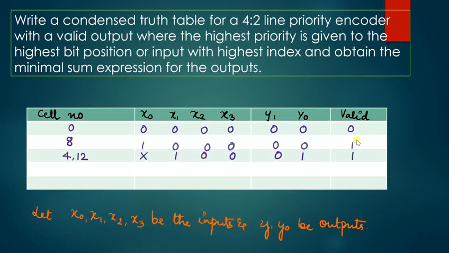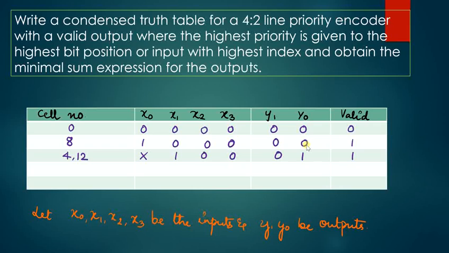Next combination. Let me consider the case when x0 is equal to 1, the remaining are all 0, 0, 0, and the output will be 0, 0. How did I get 0, 0? For a 2-bit output, the combinations I can have are 0 0, 0 1, 1 0 and 1 1.